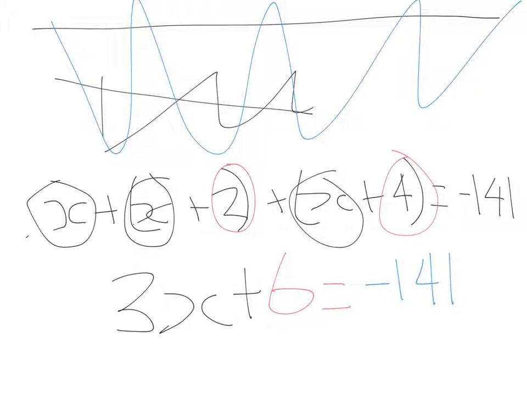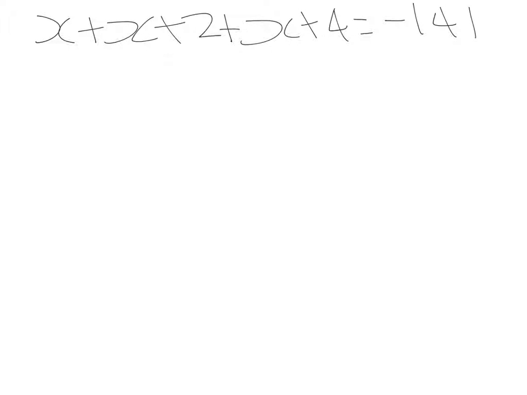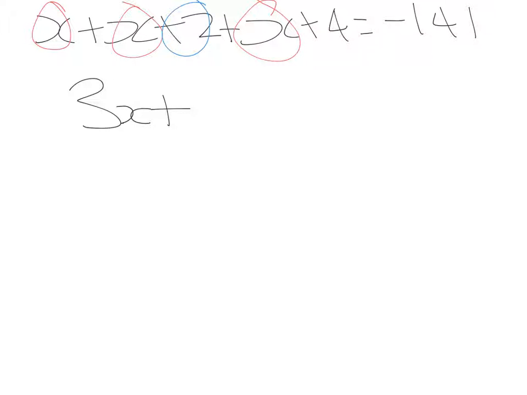The equation we used was x plus x plus 2 plus x plus 4, which is negative 141. Solving this, because there are 3 x's, that would be 3x, and then the 2 and 4 make 6, and that equals negative 141.